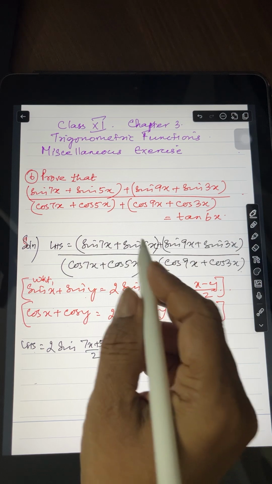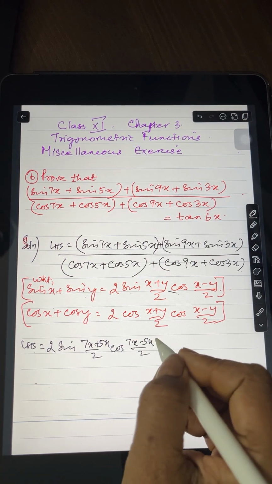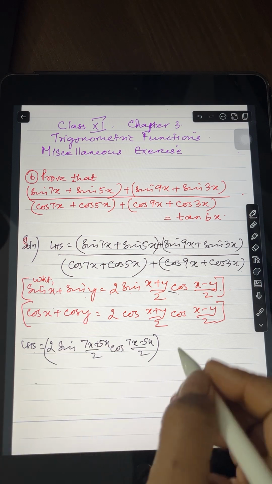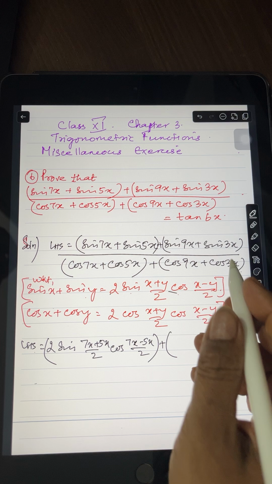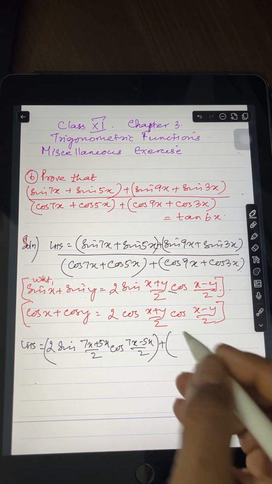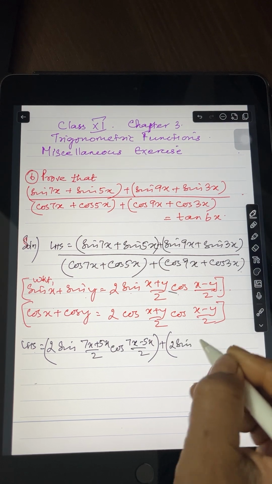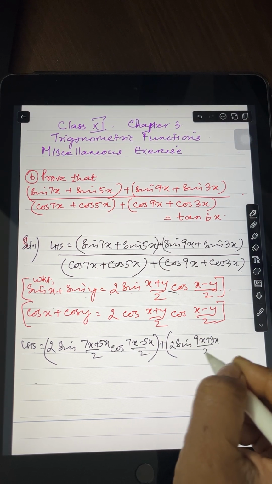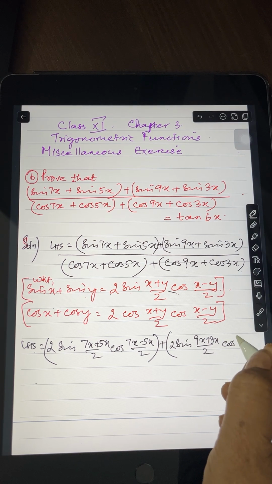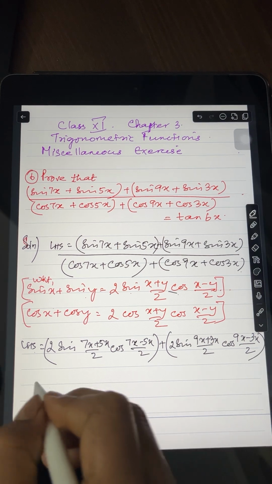This is for sine 7x plus sine 5x alone, so put it in a bracket. Then plus again. For sine 9x and 3x, you can write 2 sine (9x plus 3x by 2) cos (9x minus 3x by 2). Clear till here?